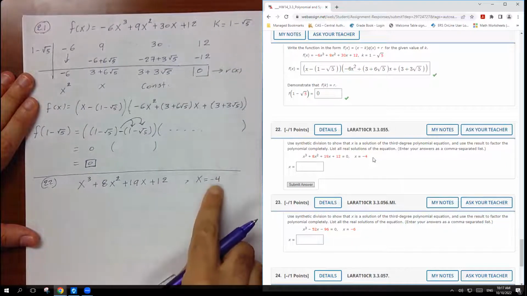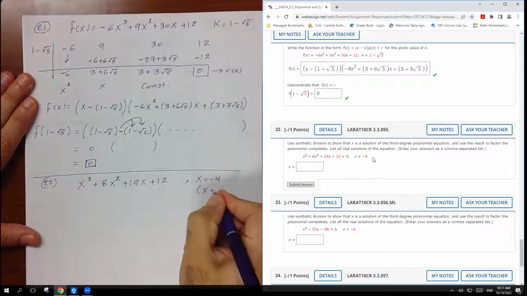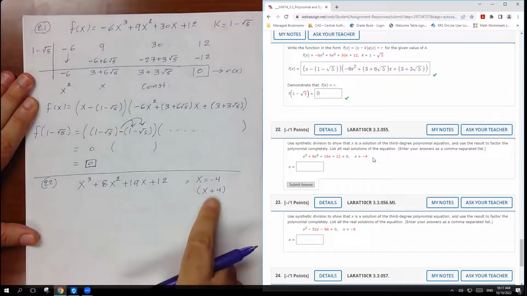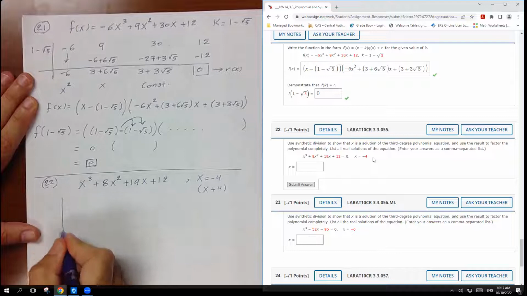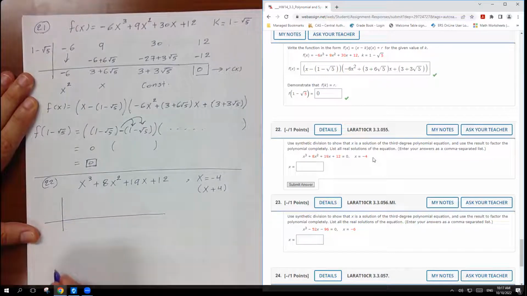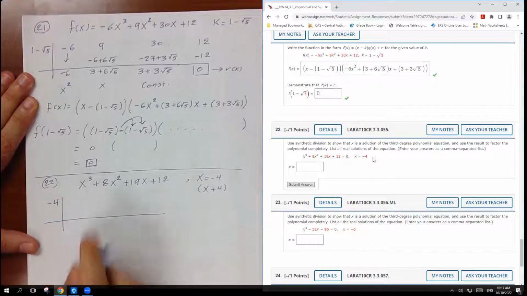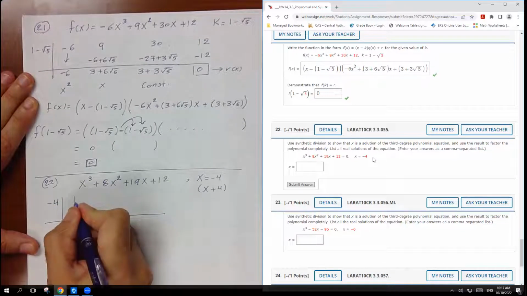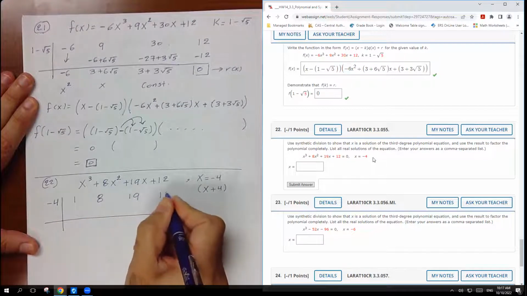That means this is the k. So the first factor is x plus 4. Now I'm going to use this factor to factor this polynomial by using synthetic division. So k equal -4, I'm going to write down here. There is no missing term. So 1, 8, 19, 12.